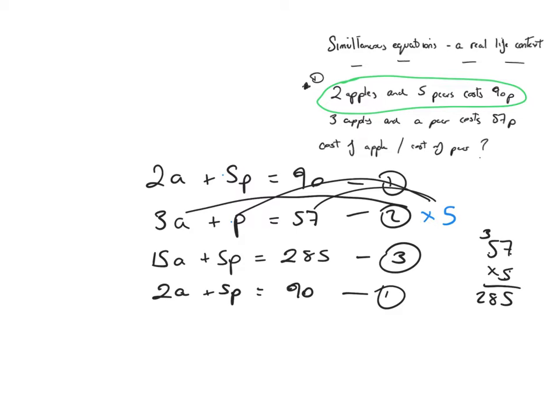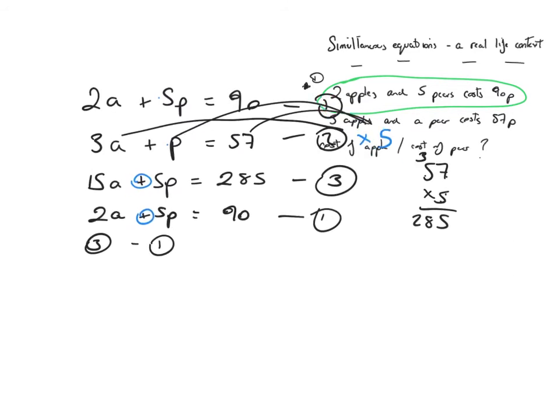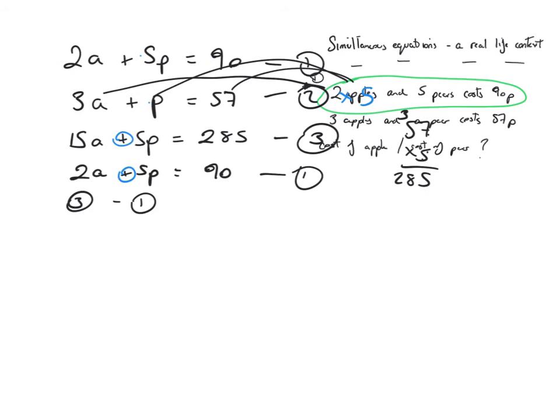Okay, so it's p's that I'm going to be eliminating. The signs are the same. If the signs are the same, I'm going to subtract the equations. So I'm going to do 3 take away 1. I could do 1 take away 3, that would be fine as well. Okay, so 3 take away 1. So equation 3 take away equation 1, 15a take away 2a, 13a.